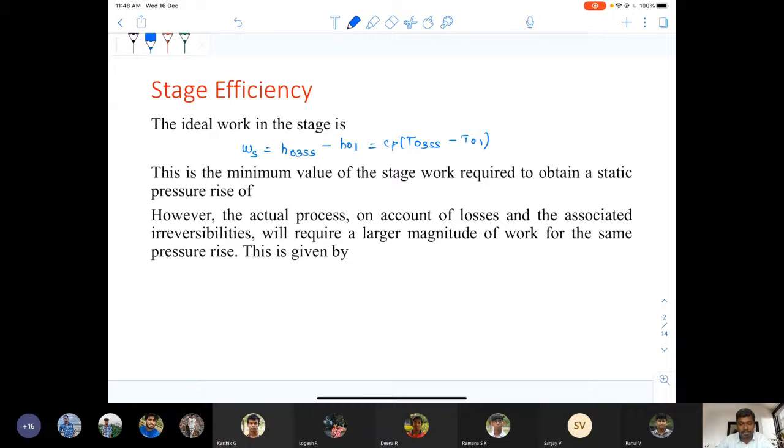That is the difference in the enthalpy, and it can be represented in the form of Cp times dT. Therefore, we write this equation as Cp times (T0 3SS minus T0 1). Now, this is the minimum value of the stage work.